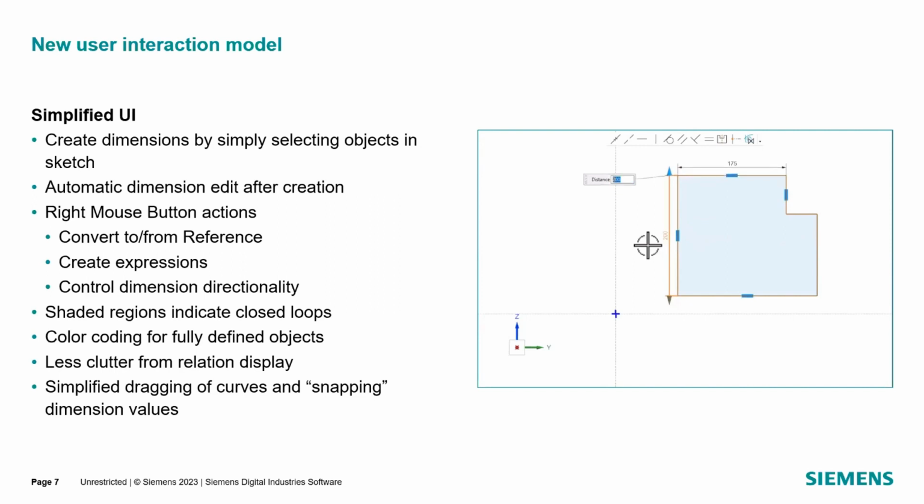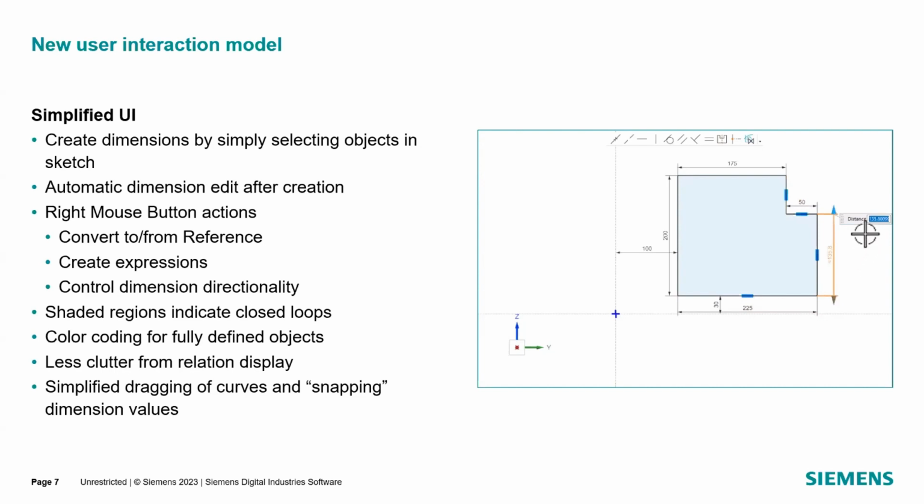You can automatically move into the creation. You can see the drag arrows to move things around. You can also see that the relations pop up specific to that particular curve or geometry that we're working on. It shows just the things that are important to that. So rather than turning everything on, we're seeing some very specific information about the sketch.